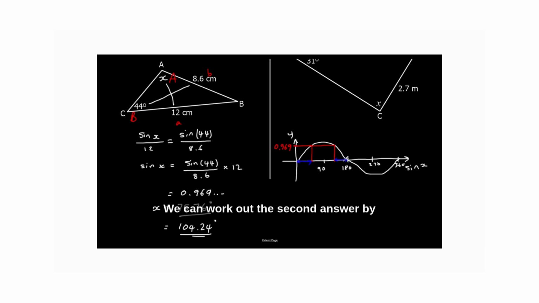We can work out the second answer by doing 180 take away 75.76. So when we are finding an obtuse angle with the sine rule, we do 180 take away the answer the calculator gives us to find the obtuse angle.